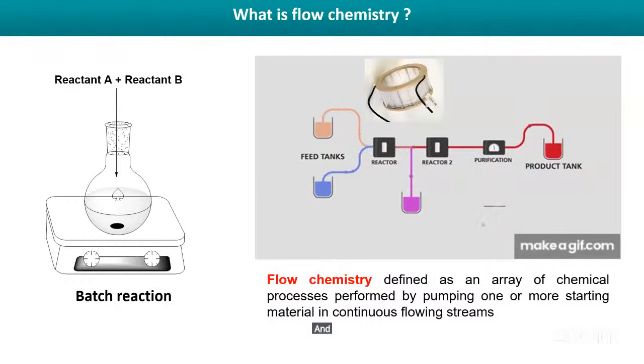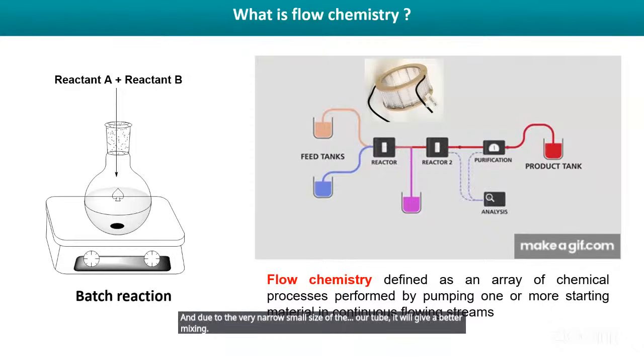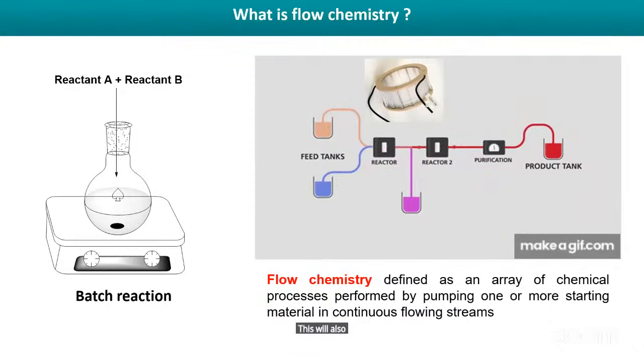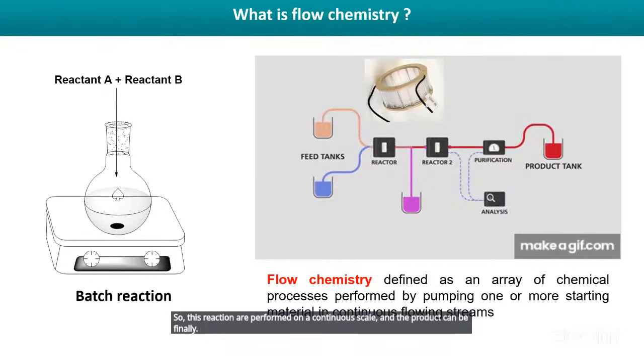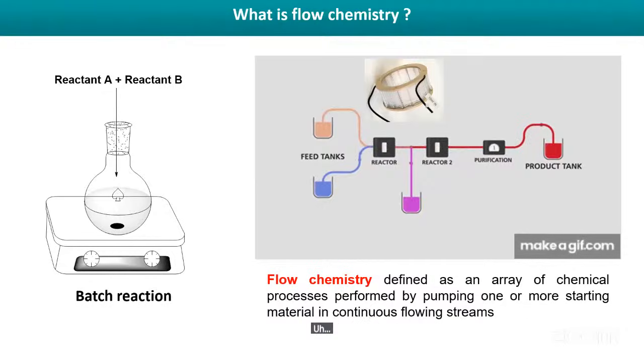Due to the very narrow size of our tube, it gives better mixing. This also improves the mass transfer as well as temperature control, and it will drastically change the outcome of our reaction. These reactions are performed on a continuous scale, and the product can finally be obtained or isolated by simple downstream processing.